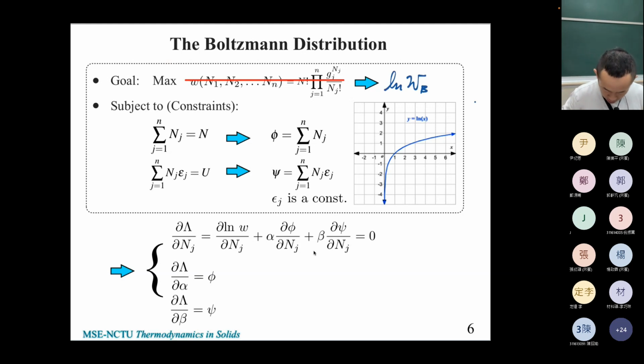So if you want to maximize this, we do the natural log W. We maximize natural log W. Can we get exactly the same set of N1, N2, Nn which maximize the natural log W?